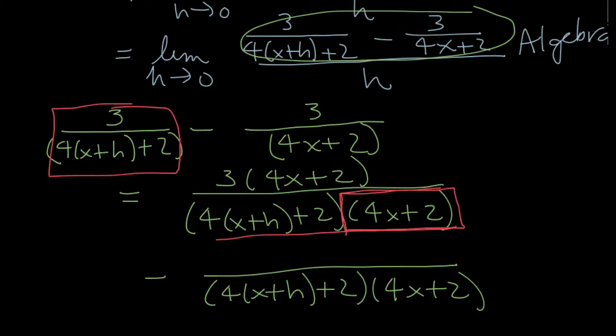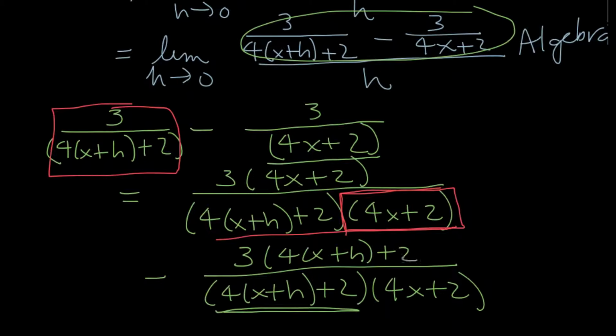So what about the other one? Well, here we have denominator of 4x plus 2, and we're multiplying it by this more complicated denominator. So let's multiply the numerator 3 by that more complicated denominator and check that indeed, if we canceled this factor here and here, we'd have this expression.